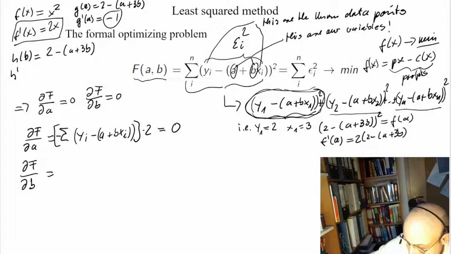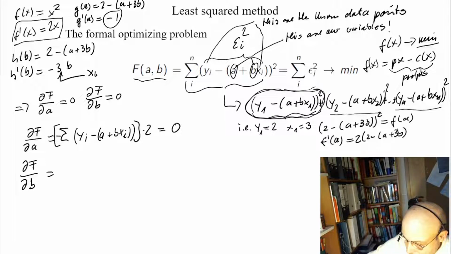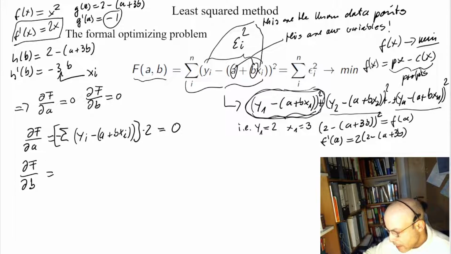And then we have h prime of b equals minus 3. And remember that this 3 is just an example for some possible xi. So our inner derivative is then xi.